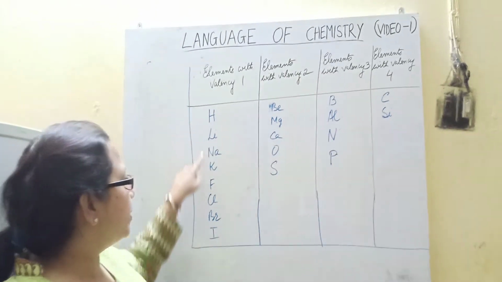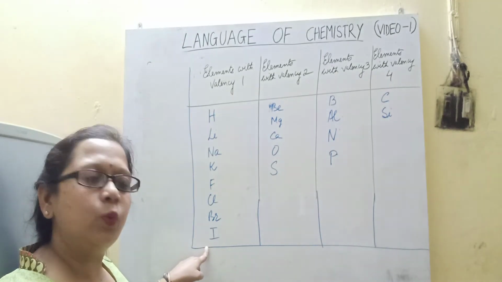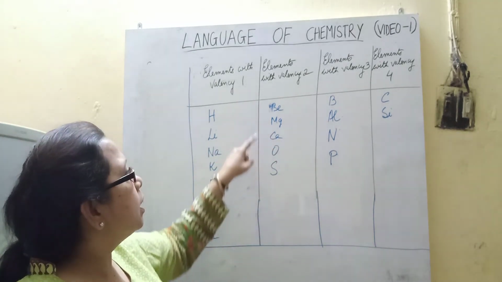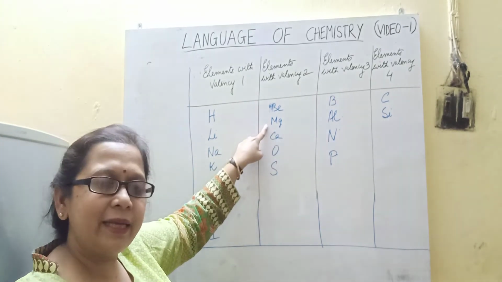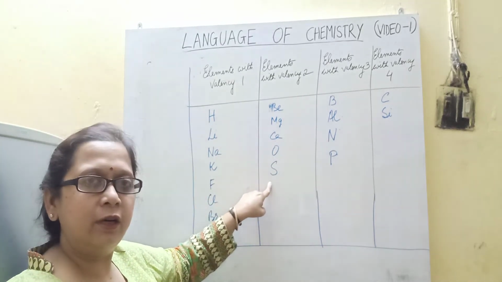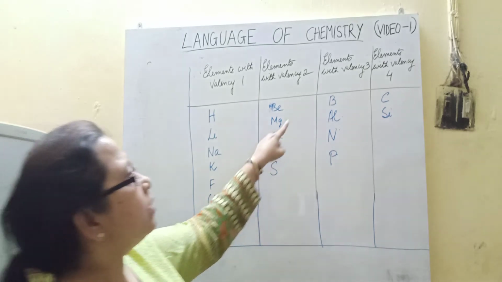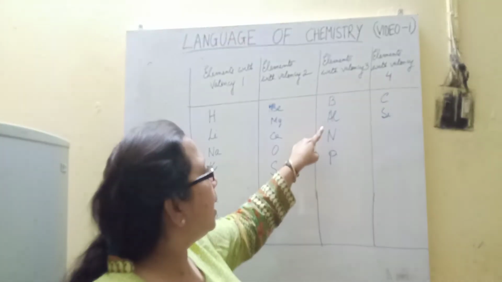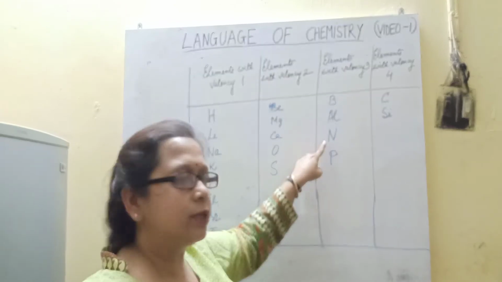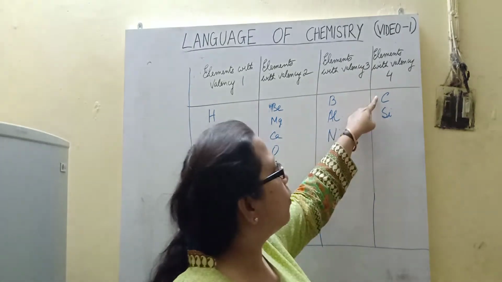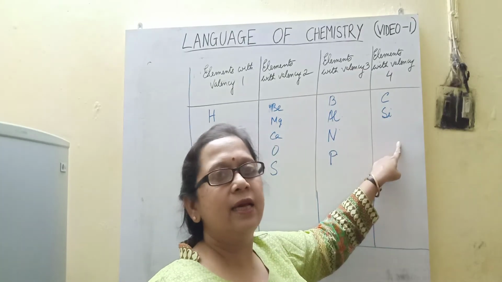With valency 2 come beryllium, magnesium, calcium, oxygen, sulfur. Elements with valency 3 are boron, aluminium, nitrogen, phosphorus. And elements with valency 4 are carbon and silicon.